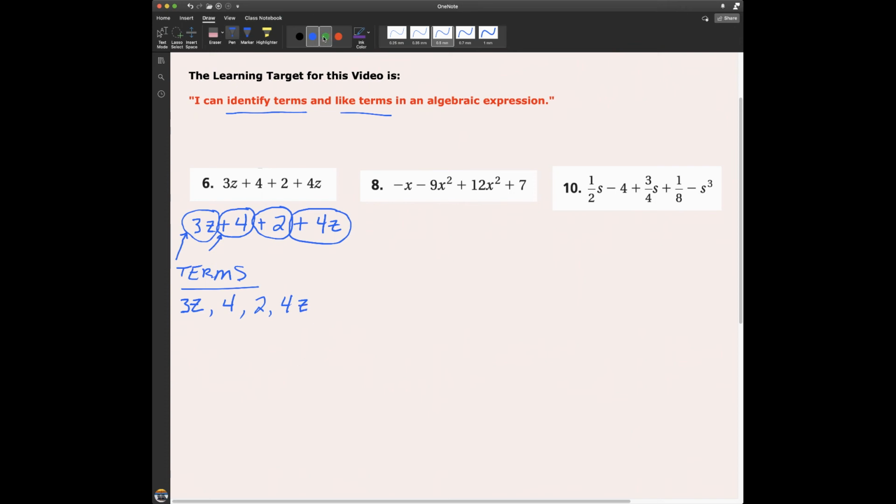All right, now let's look at what the like terms are. Remember, like terms are terms that have the same variables raised to the same exponents. So let's list these like terms.